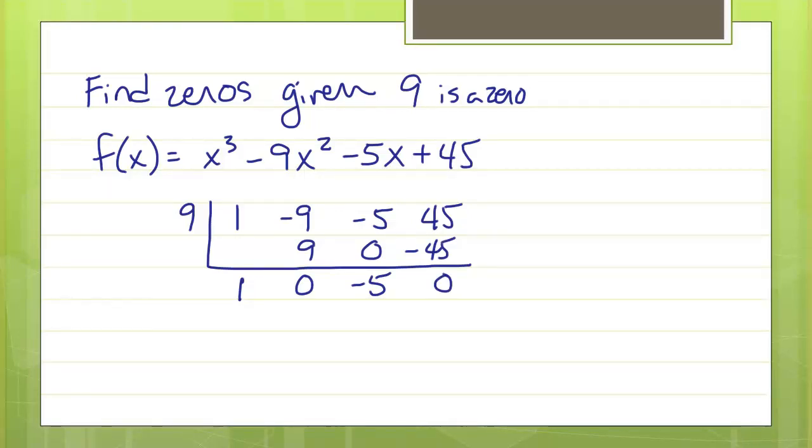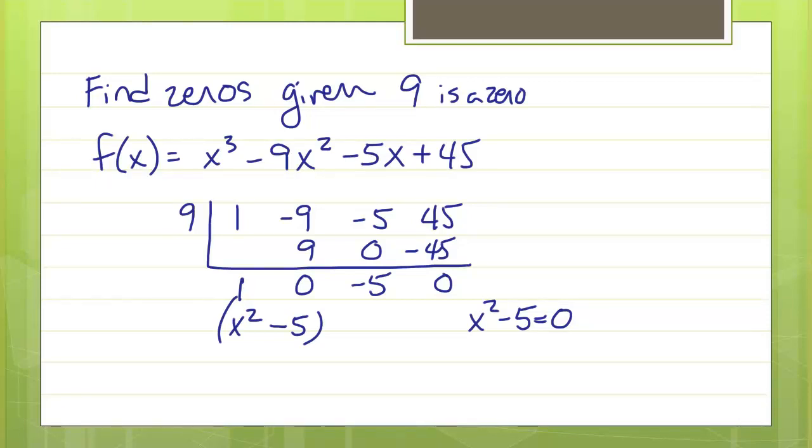Now, I wasn't told it wasn't factorable, but I'm kind of telling you that it wasn't factorable. Well, what do I have here? x squared, there's no x term, x squared minus 5. So that's the other factor. If I was asked to factor, it would be that and I would be done. But that wouldn't get me all the zeros. So if I wanted to find the zeros, I have to solve this little equation. I can't factor that.